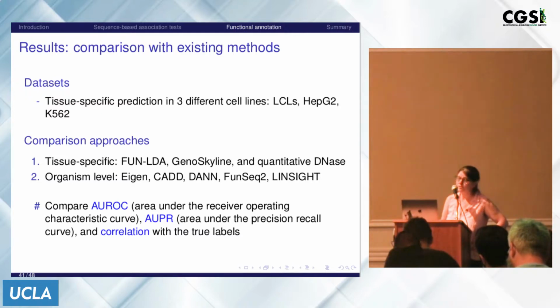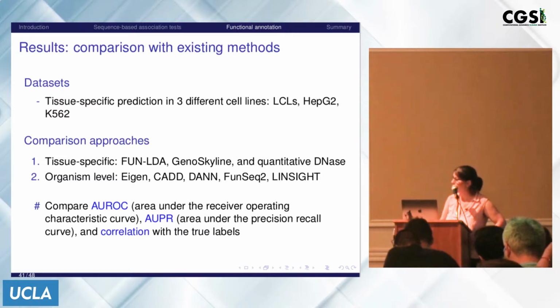We also compared with GenoSkyline, which is another mixture model with only 2 components, and also just plain quantitative DNAs. And then we compared with some organism level prediction methods like Eigen, SKAT, which is very popular, Linsight, and so on. And we compared these methods in terms of 3 different criteria.